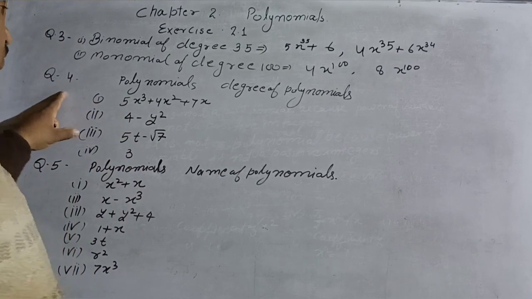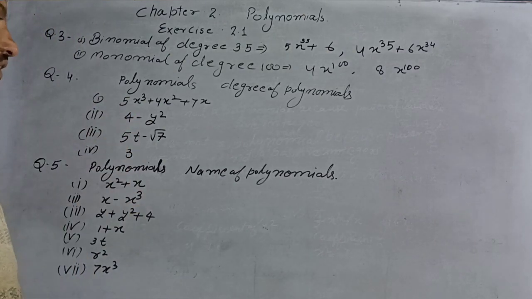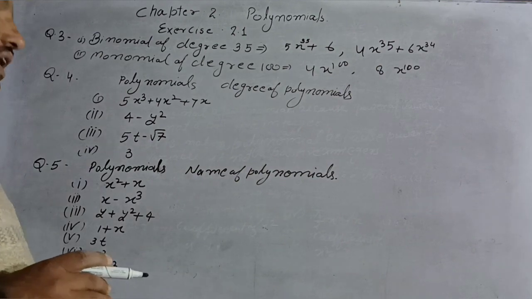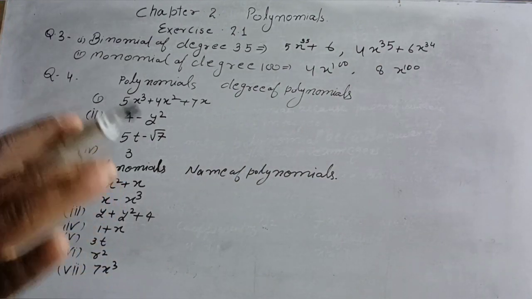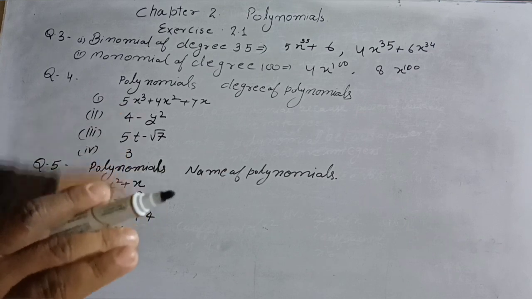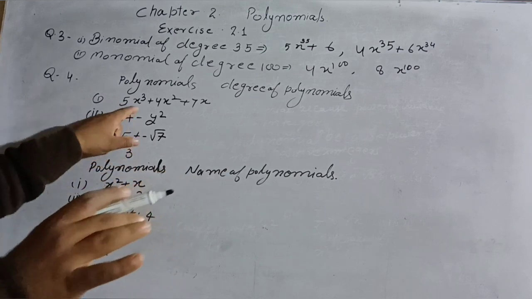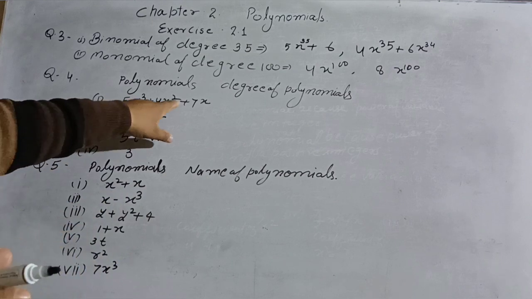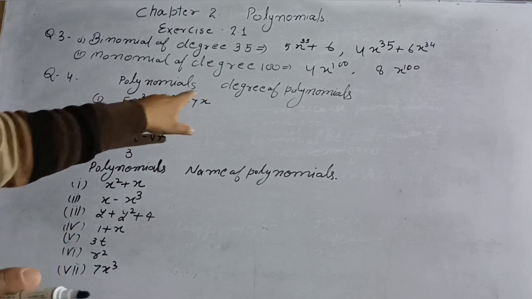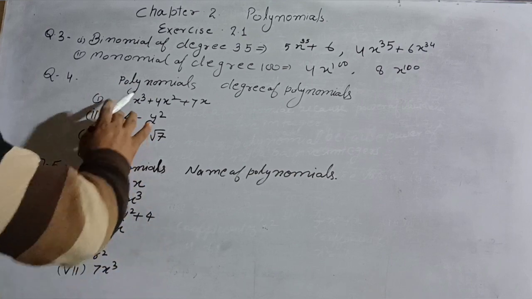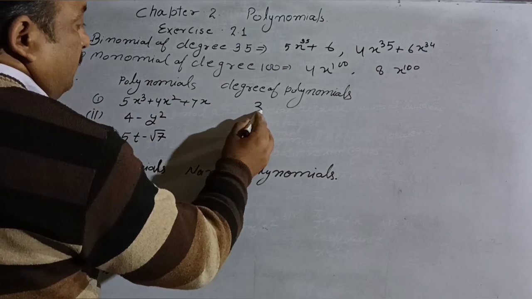In question number 4, write the degree of the polynomial. The highest power of the variable in a polynomial is called the degree of the polynomial. In this one there are 2 power, 3 power, 2 power, 1 power, so the degree is equal to 3.